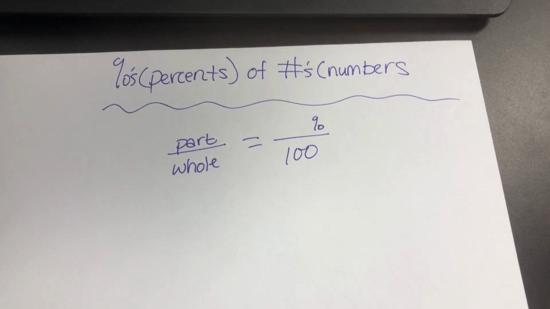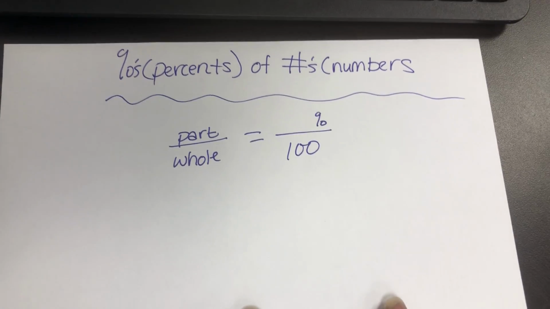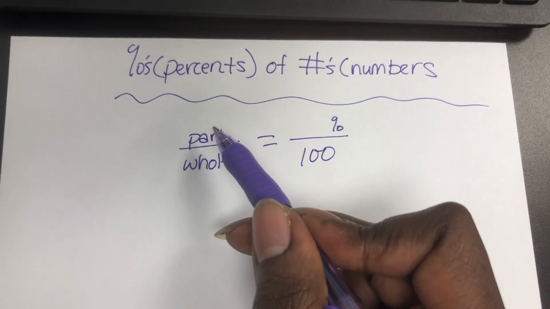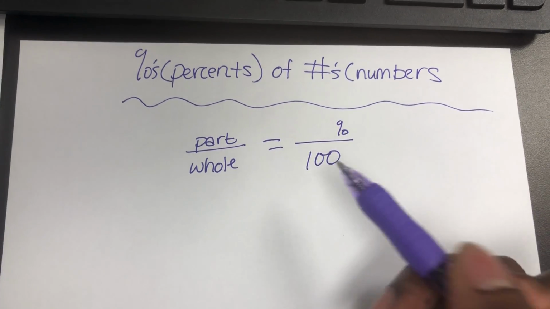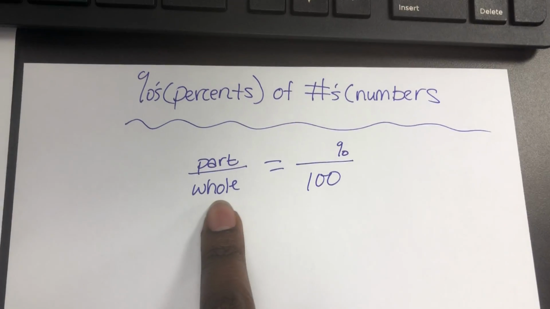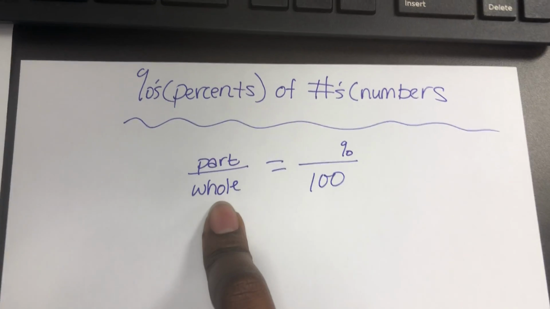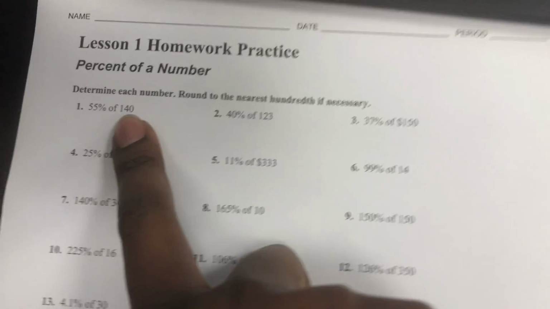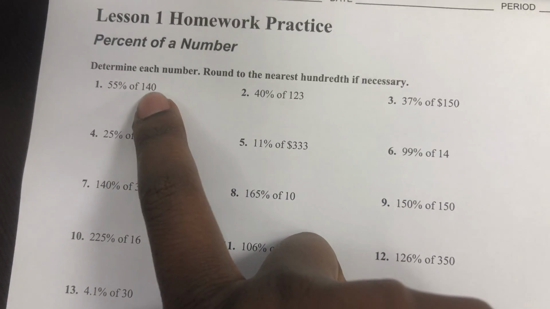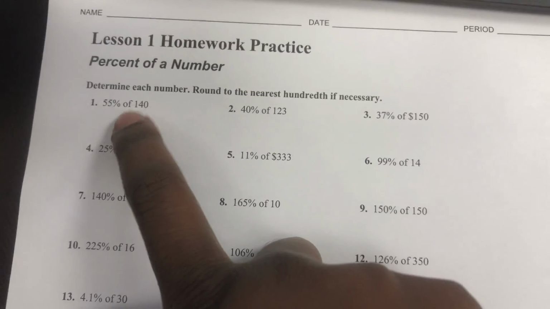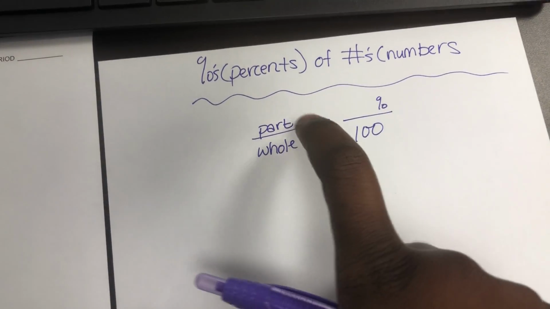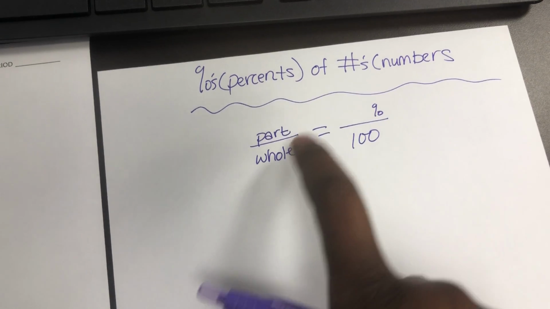Depending on what they give you, you still have to make sure you keep this setup just like this. If they ever give you the whole of the number, in other words, if they give you something like this first example, 55% of 140, that means 140 is our whole, and they want to figure out 55% of that.